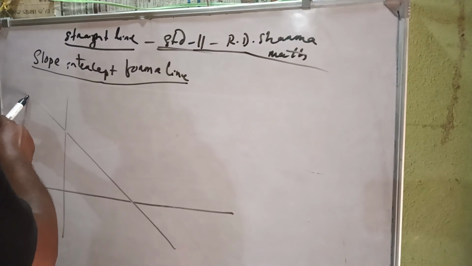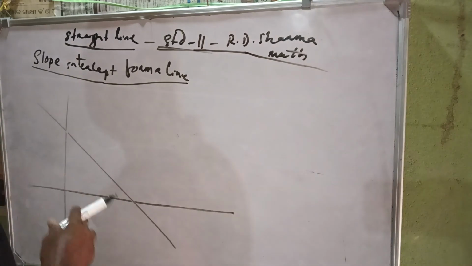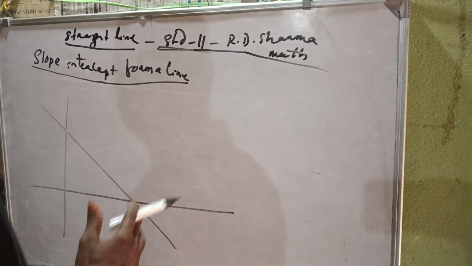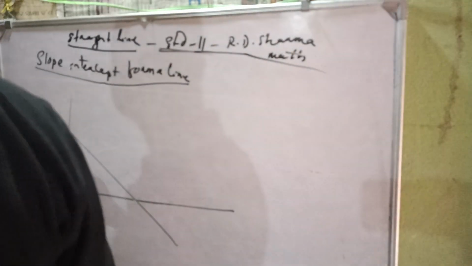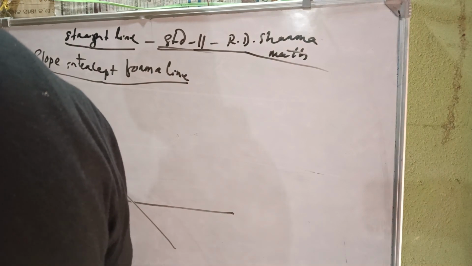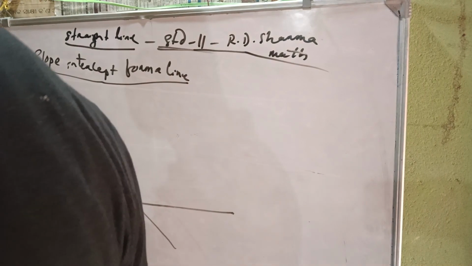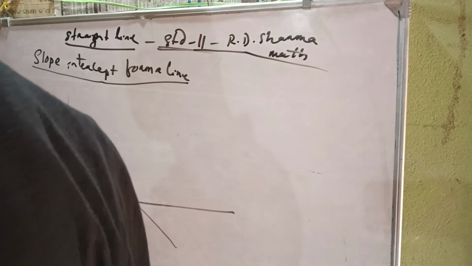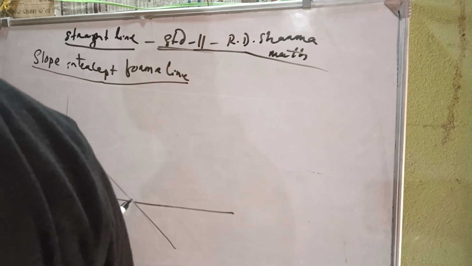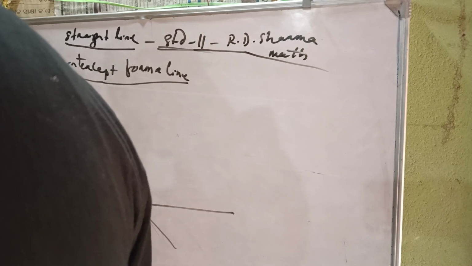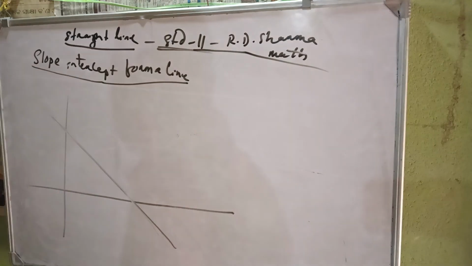If one straight line intercepts any two axes, that is called the intercept line. That line intercepts the y axis and the x axis.